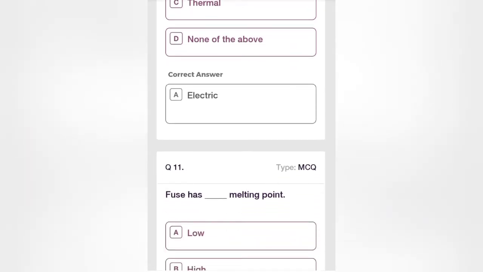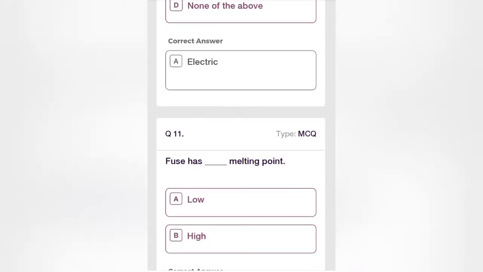Eleventh question, fuse has dash melting point. See, usually the fuse wire will be having low melting point. Why? Because if the current is above the rated value, then it has to melt. If it is having high melting point, then it cannot protect the equipment from damage.